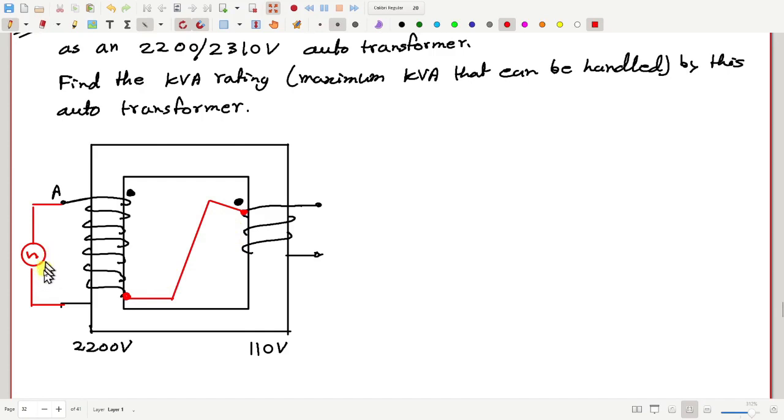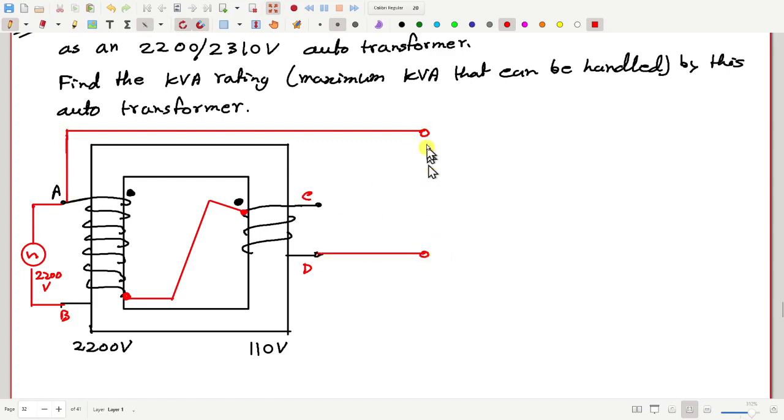If this voltage is 2200 volt, and let me call the terminals A, B, C, D, then between A and D, how much will be the voltage? Between A and D, the voltage will be 2310 volt.